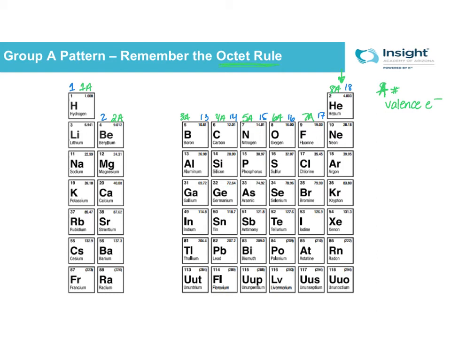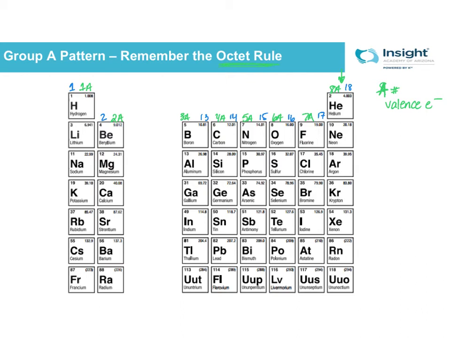All right, so noble gases are already there. They don't form ions, right? Because they don't need to give up electrons or gain extra ones or anything like that to get to 8. The rest of these group A ions have a very stable pattern in how they form their ions.